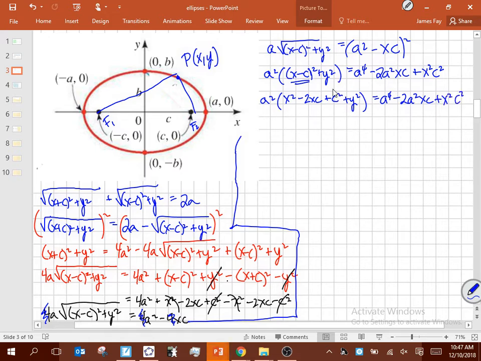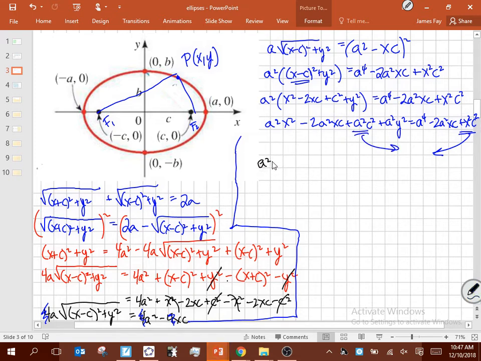Okay, now we're just going to rearrange terms. I'm going to distribute that a squared through: a squared x squared minus 2a squared xc plus a squared c squared plus a squared y squared is equal to a to the 4th minus 2a squared xc plus x squared c squared. Now it's going to get kind of messy, but my goal here is I'm going to move that to the other side, and then move that to the other side. You're going to see the purpose of that in a moment.